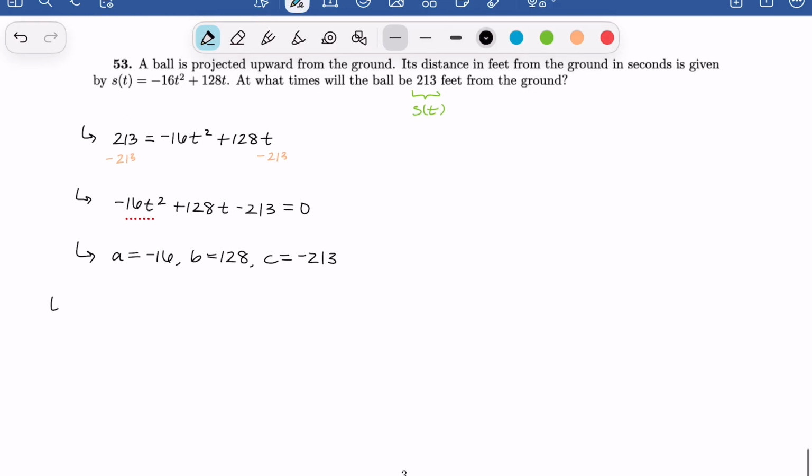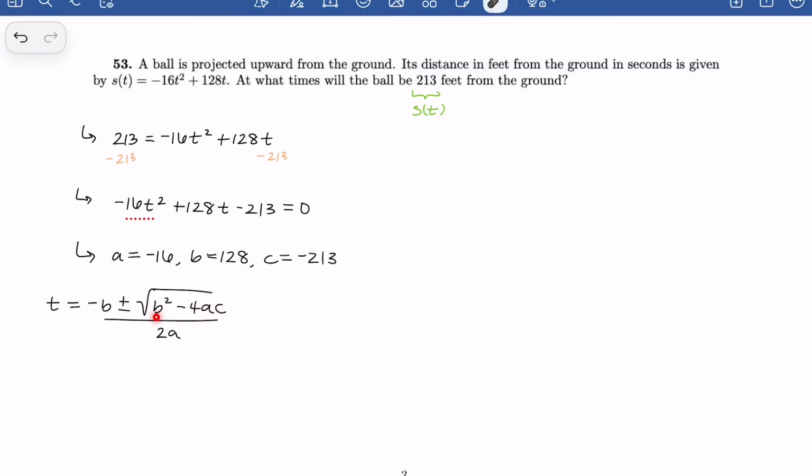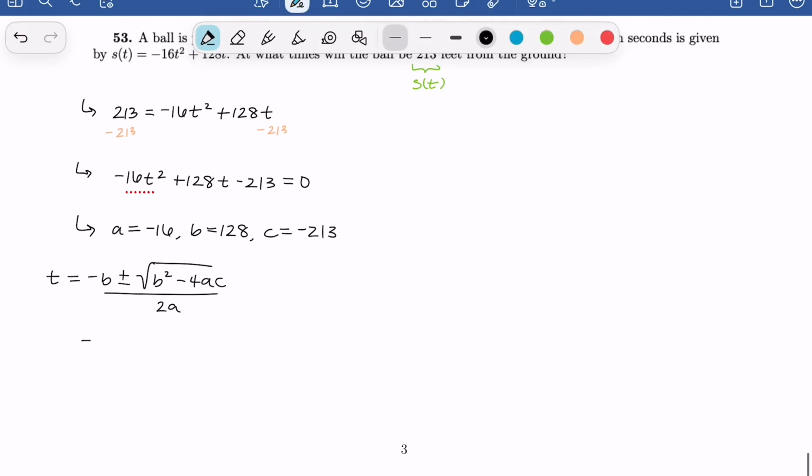So in this case, we're solving for t. So we're going to get that t is equal to the opposite of our b value plus or minus the square root of our b value squared minus 4 times a times c, all over 2 times a. Like I said before, we could figure out what this discriminant is underneath our radical, and that would tell us that we would have to use the quadratic formula. So let's plug in our known values.